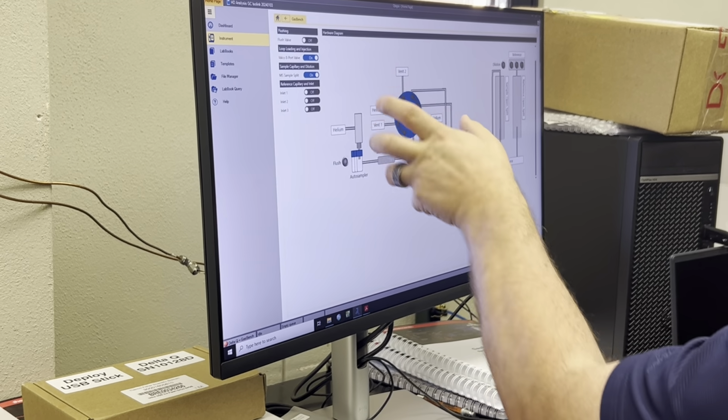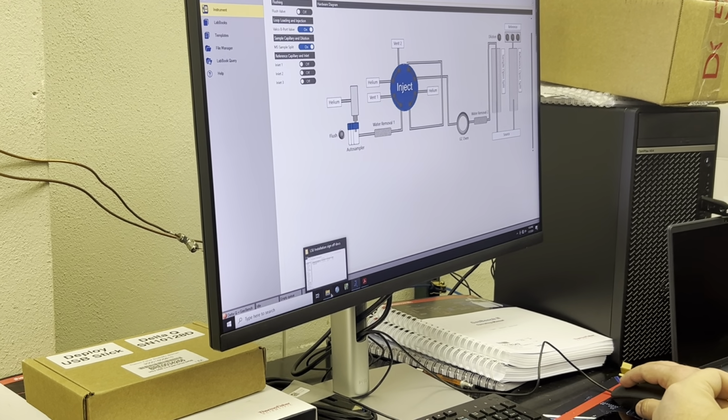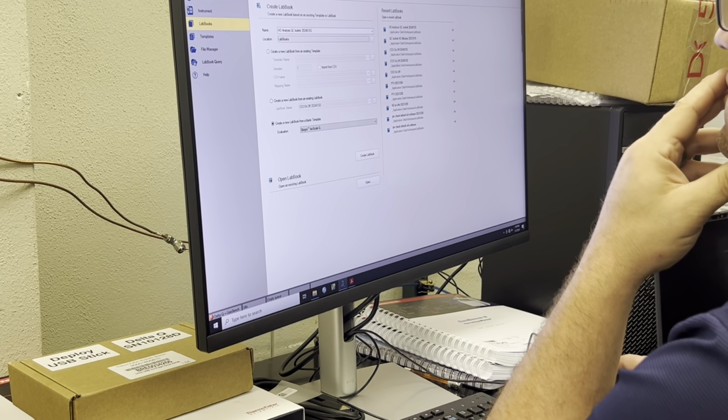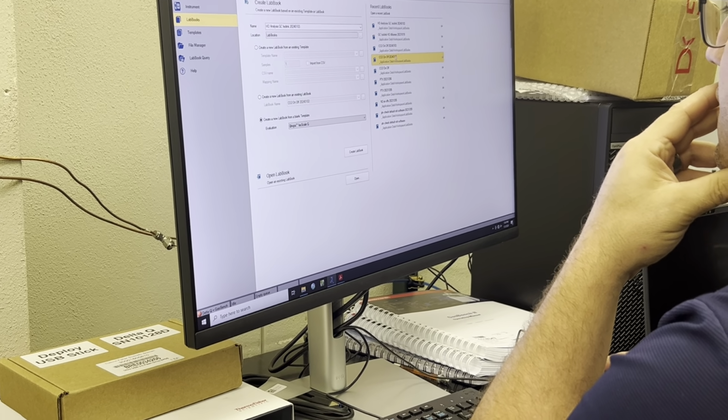So by the time it loads the second sample, let's see if I can get you some data to show this. Lab books. CO2.